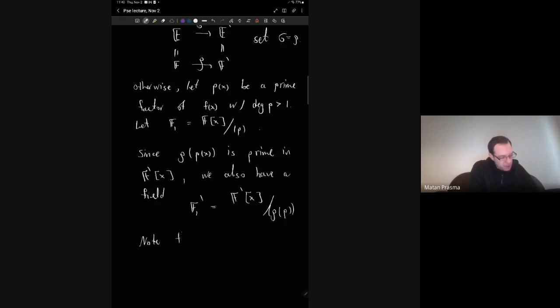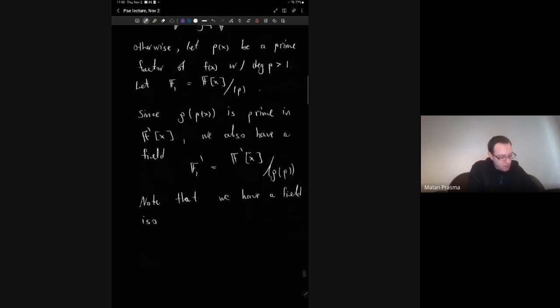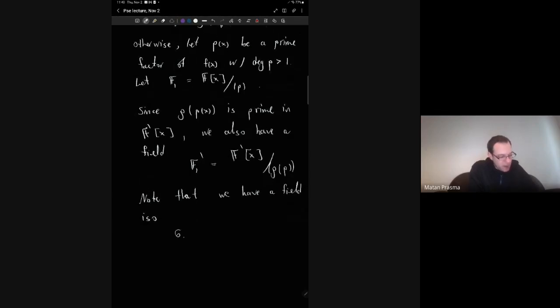Note that we have a field isomorphism, I'll denote it as sigma, or maybe rho 1. It goes from F1 to F1 prime, and it is induced by rho.